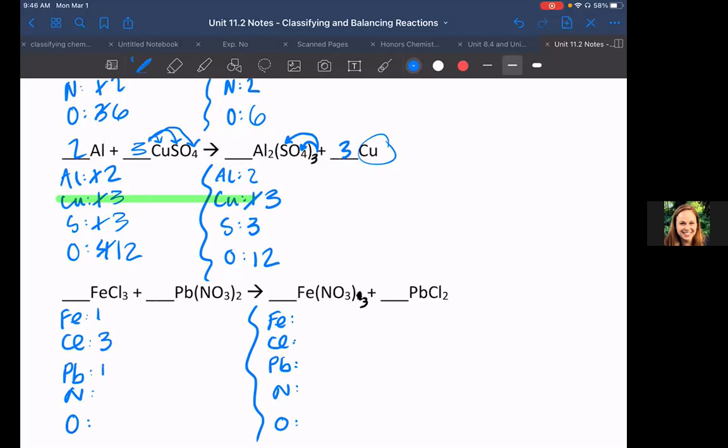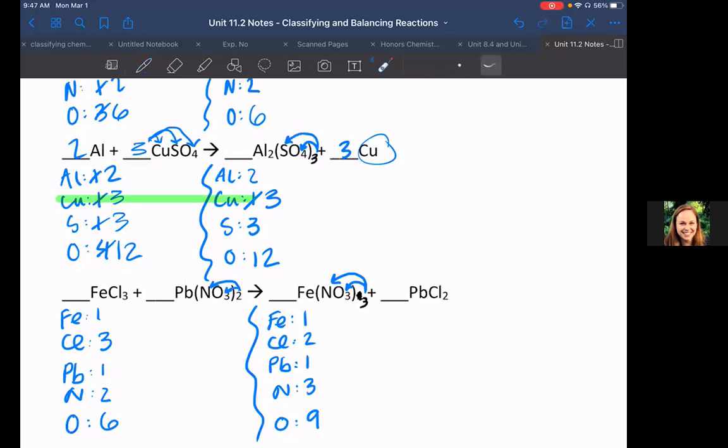We have 1 lead. If we distribute the 2, we have 2 nitrogens and 6 oxygens. Now, on the right-hand side, we have 1 iron. Distribute the 3, we have 3 nitrogens. Then oxygen, 3 times 3 is 9, 1 lead, and 2 chlorines.